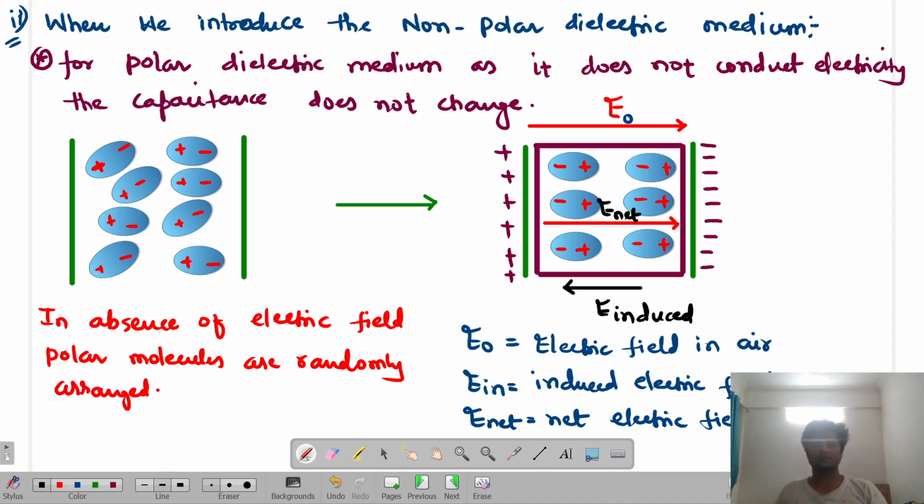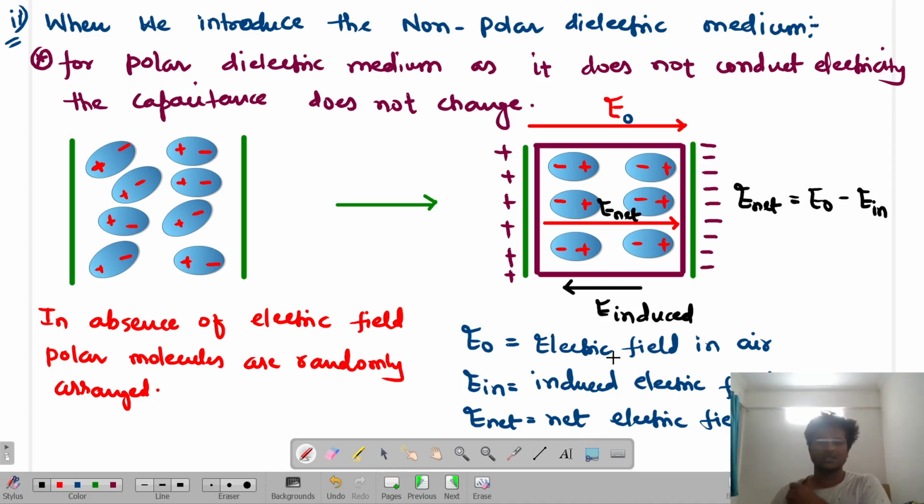So can I just write E net is equal to E naught minus E induced? Is that clear or not? And this is the equation of electric field which I described to you earlier. Is that clear or not?